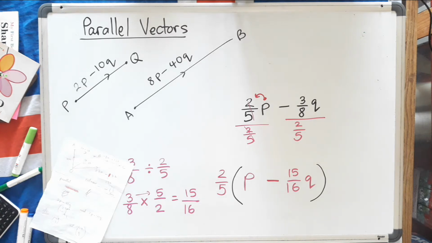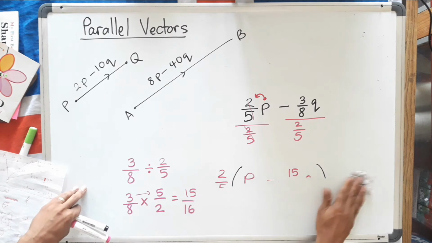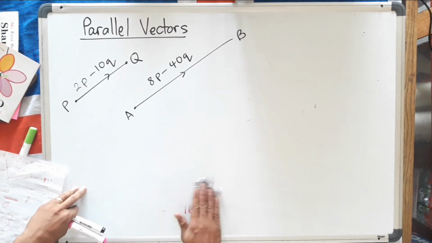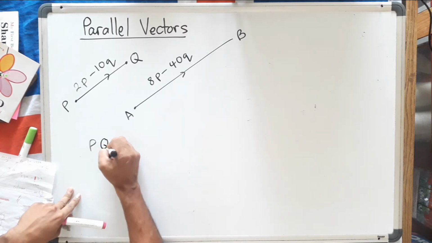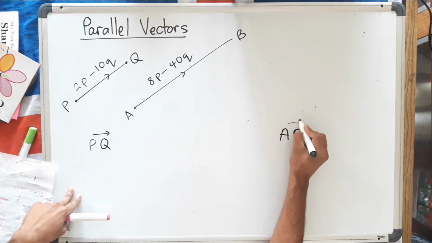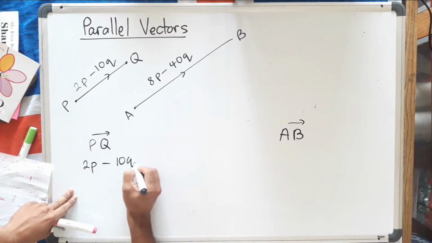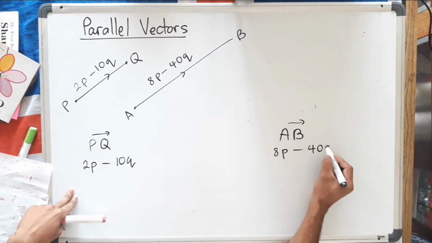So, let's prove these two vectors are parallel using factorization. So let me put PQ here and vector AB here. PQ is 2P minus 10Q and AB is 8P minus 40Q.